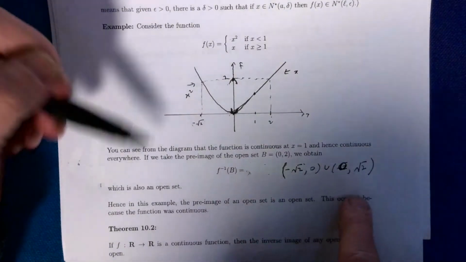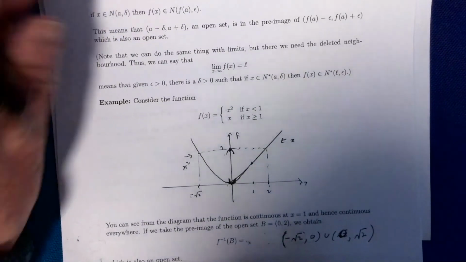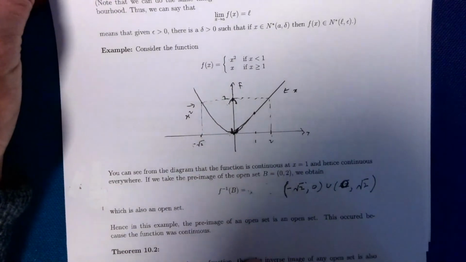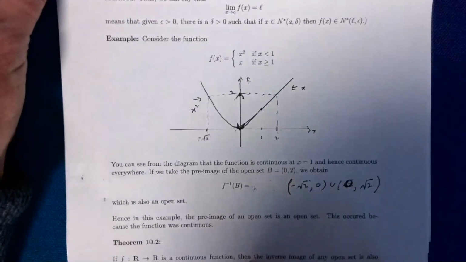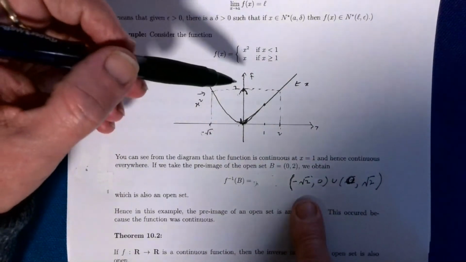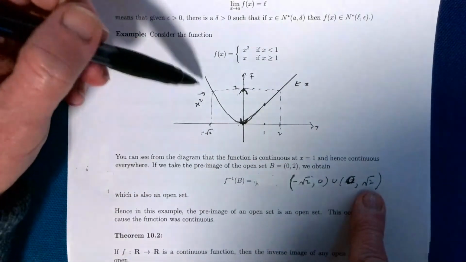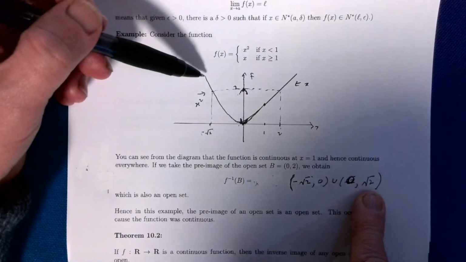So just to summarize, we saw an example before where the pre-image of an open set was not open when we had a discontinuous function. And now we see that the pre-image of an open set is still an open set in the situation where our function is continuous.